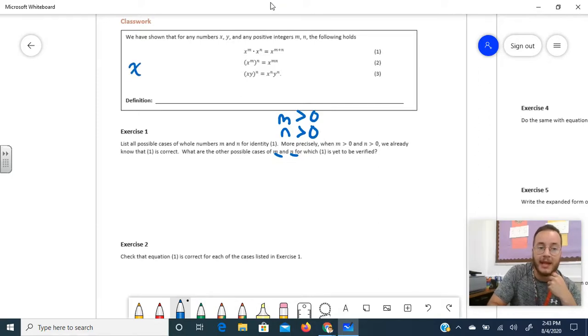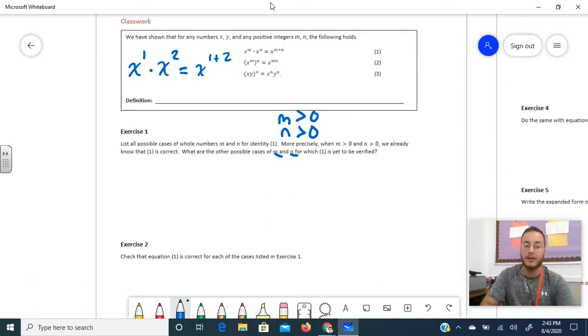So it says if x to the 1st power times x to the 2nd power, that will equal x to the 1 plus 2. Those numbers were above 0, so this is still true. They want us to come up with other possible cases that keep it true.